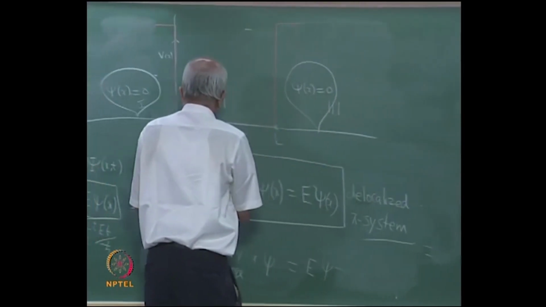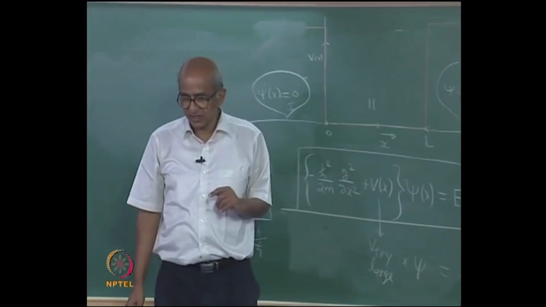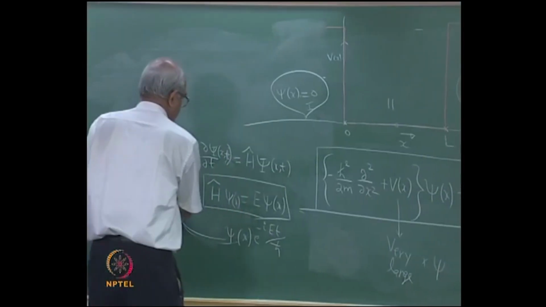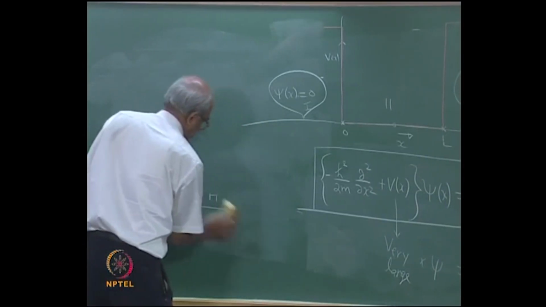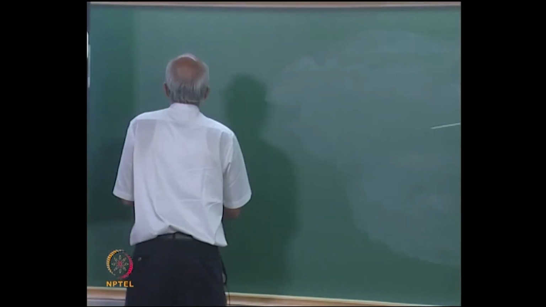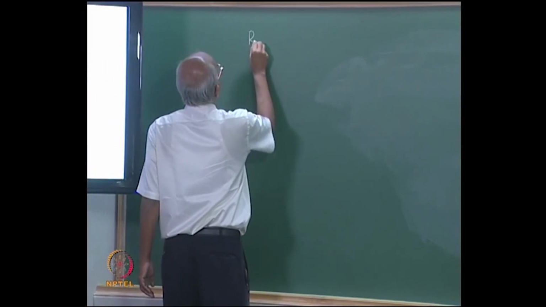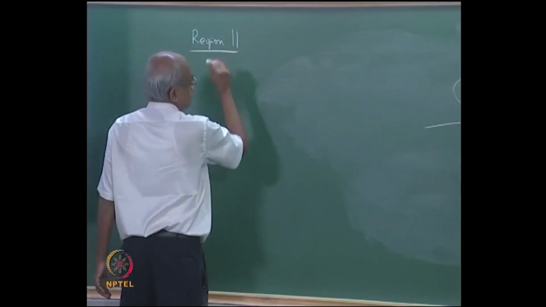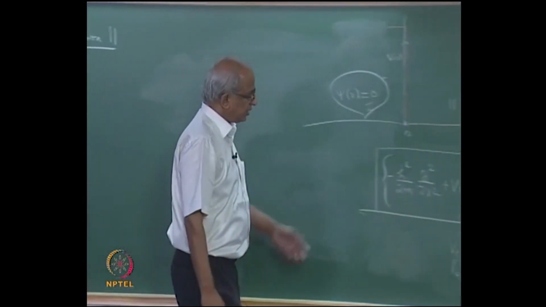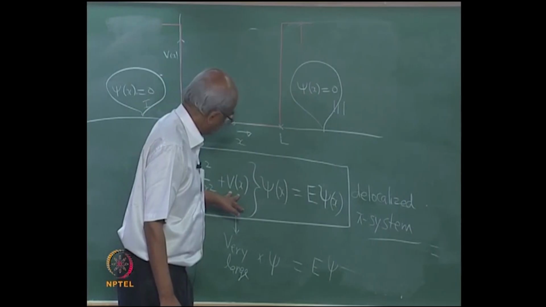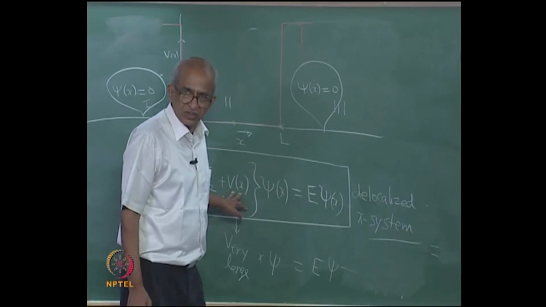So, what is left is to solve it in region 2, and in region 2 what happens to this equation? In that region I know that V of x is 0.